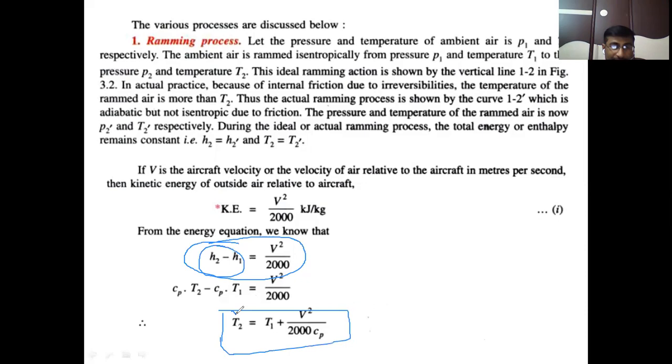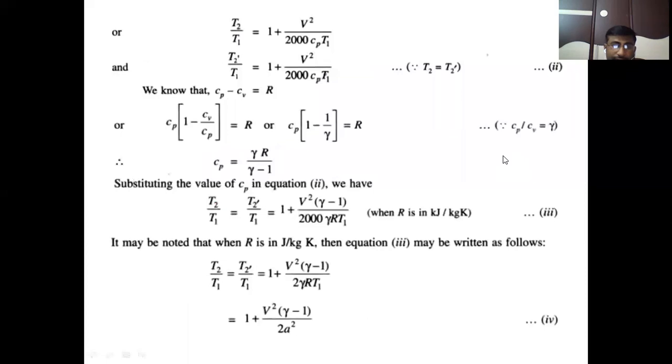Clear, students? This is the isentropic temperature after compression in the diffuser. T2 by T1 is equal to 1 plus V square by 2000 Cp into T1.